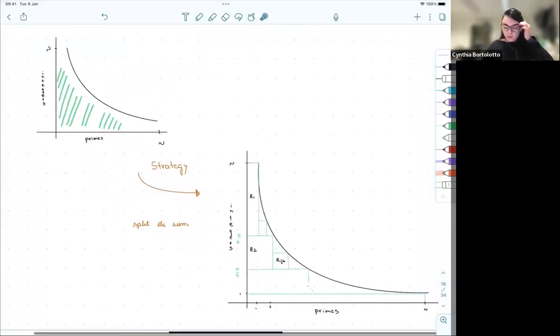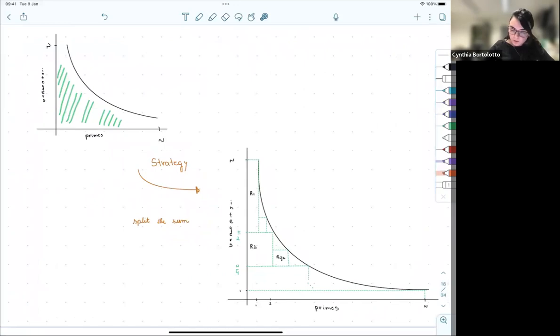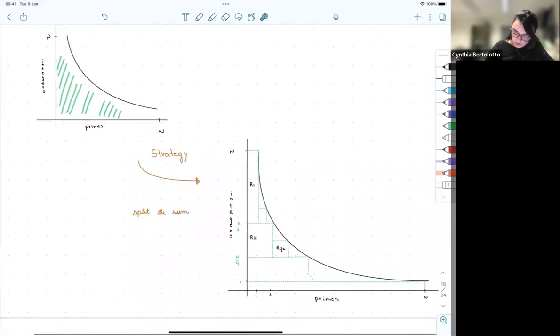What you see here is that we always split the integer side by half. So we have 1 up to N, we take the half here, and then we go up to 1, and we consider this first rectangle R1.